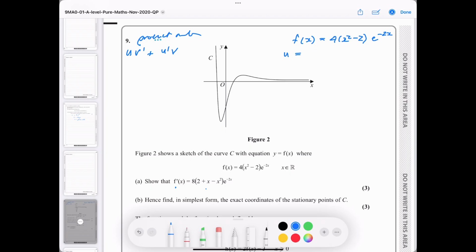Yeah, it is 4x squared minus 8. u' would equal 8x, okay?